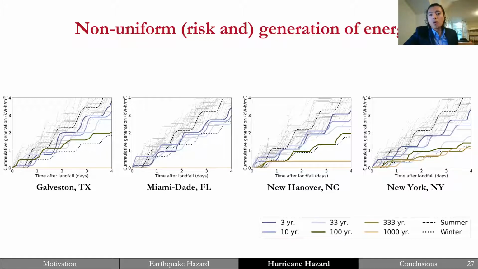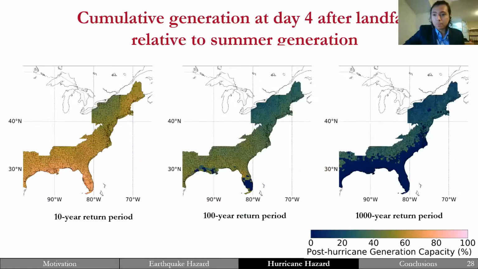So now I'm gonna focus on generation at day 4, and so that's the y-axis at 4 here, and we're gonna see the reduction of this as a percentage of what it would be in the summer generation for all the counties in the east coast of the U.S. And that's this plot here.